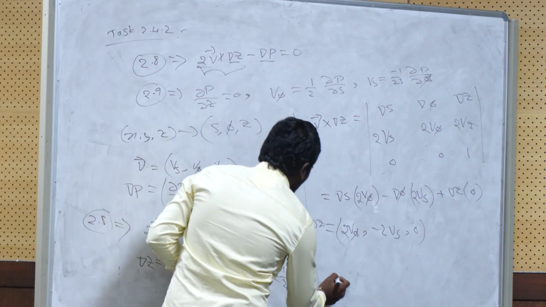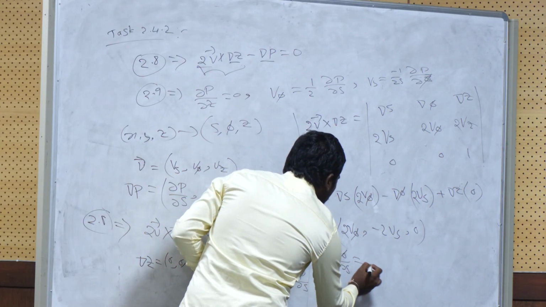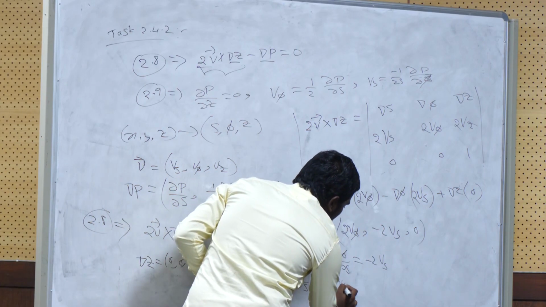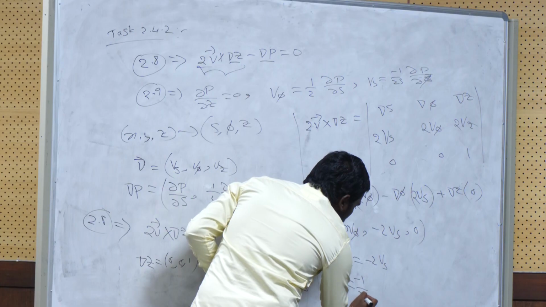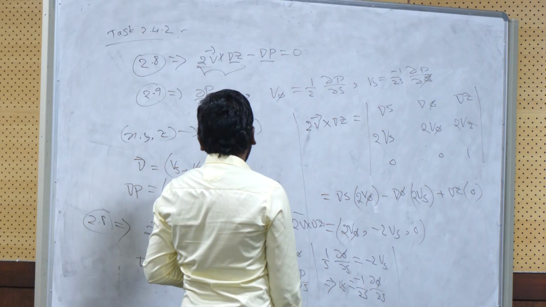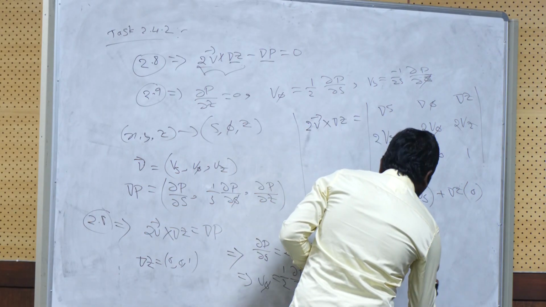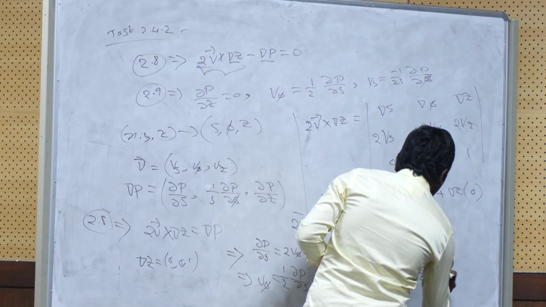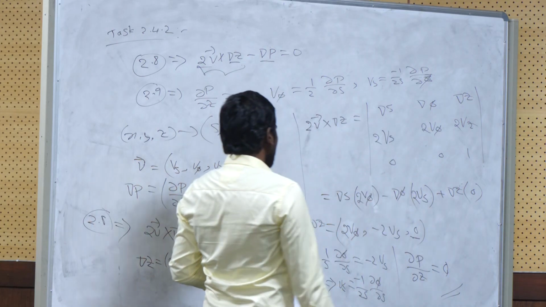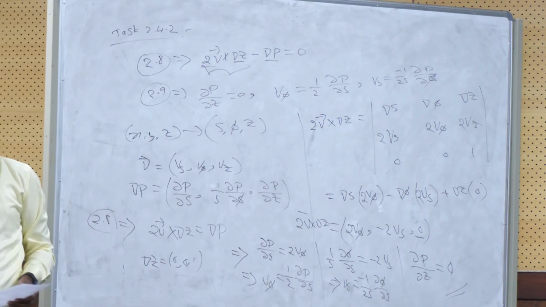Similarly, 1 by s del p by del phi is equal to minus 2vs. From here we get vs equal to minus 1 by 2s del p by del phi, and another one is del p by del z equal to 0, and this is the required system we had to show. Okay, and thank you.